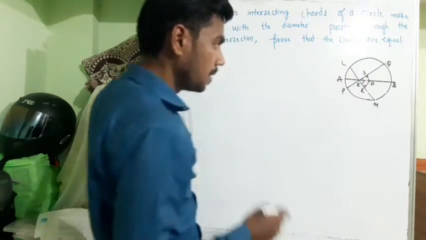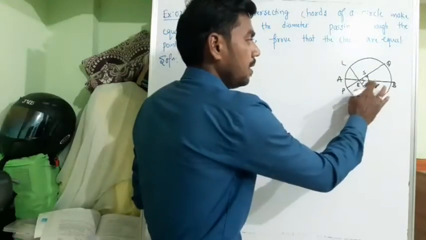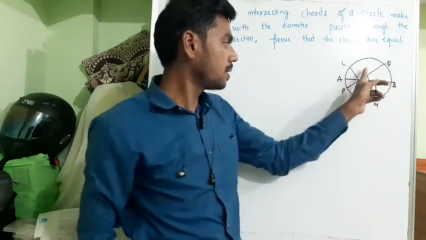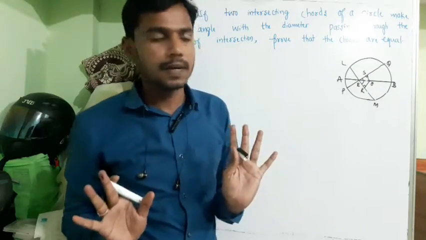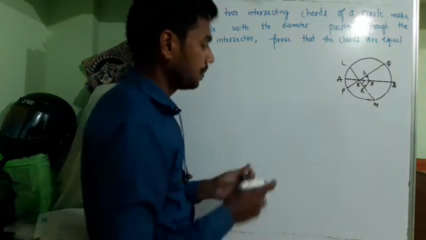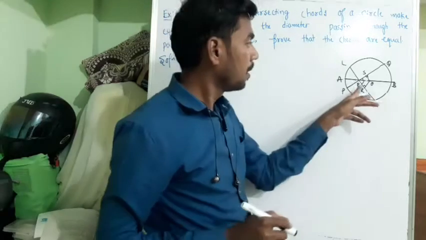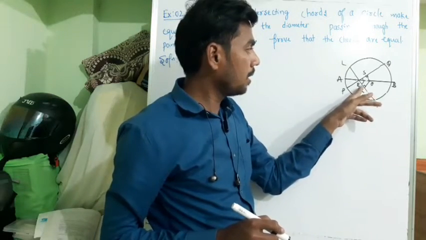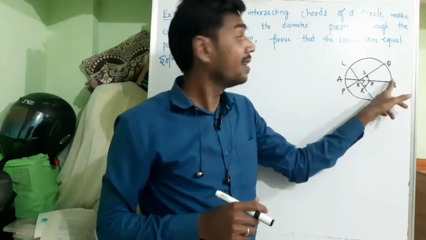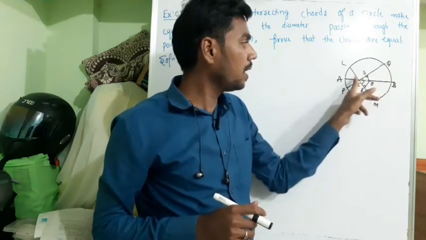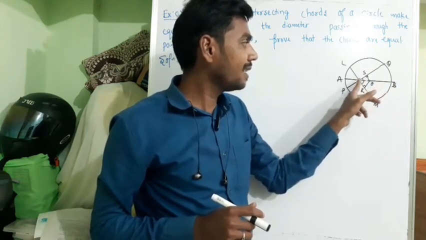Draw, say O is the center, OS and OR perpendicular to PQ and LM respectively. After this, you know MEB or REB is equal to QEB or SEB.